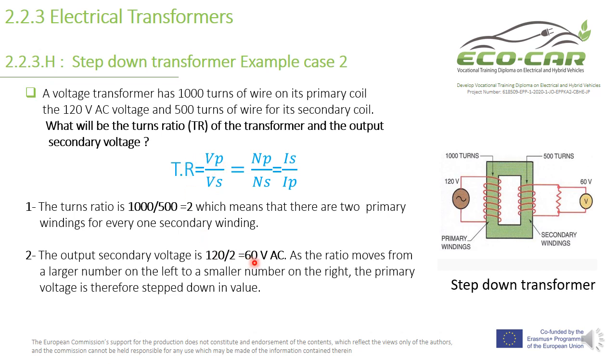So we can get the output voltage, or the secondary voltage. As you see here, the ratio moves from a large number on the left to a small number on the right, so the primary voltage is therefore stepped down in value.